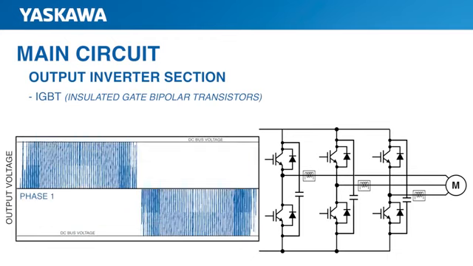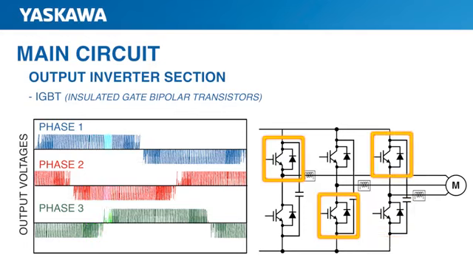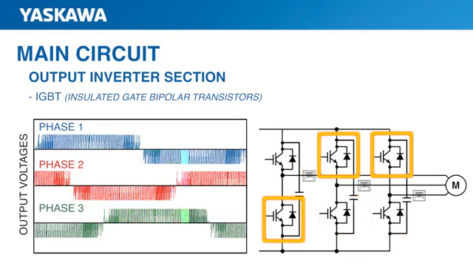One IGBT will take power to build the upper part of the wave. Then another IGBT builds the lower half of the wave. Now remember, we have a three-phase motor, so typically 3 IGBTs are on at a given time to generate simulated AC voltage waveforms to the motor.